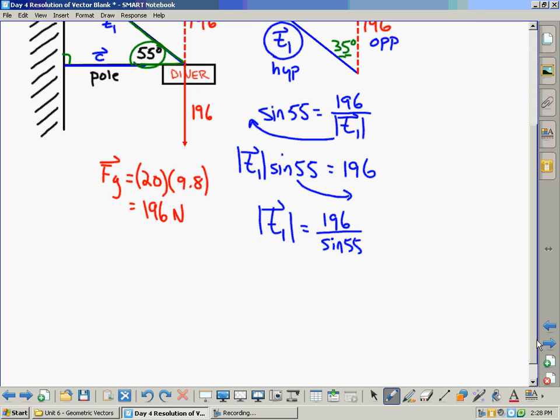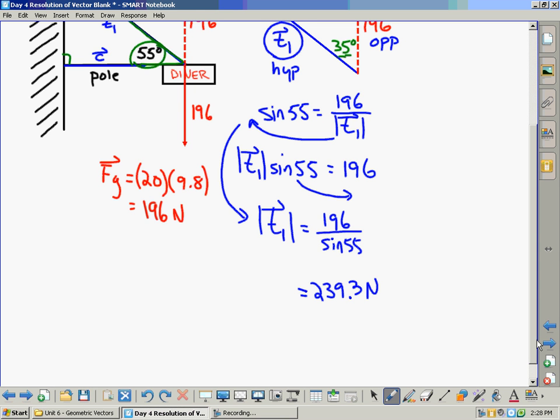Of course, I would expect most of you to go from this line to this line. But we punch that in our calculator and we get 239.3 newtons. So that's the tension in the wire.